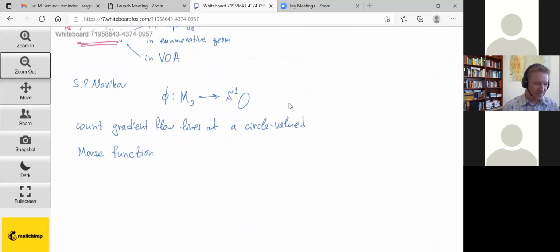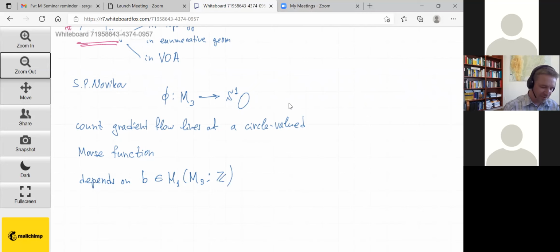The result of this clearly depends on the choice of B, which I call suggestively by the same name as what we called B before. It's a class in H1 of M3. So we have to specify in which homology class we're trying to do this count.